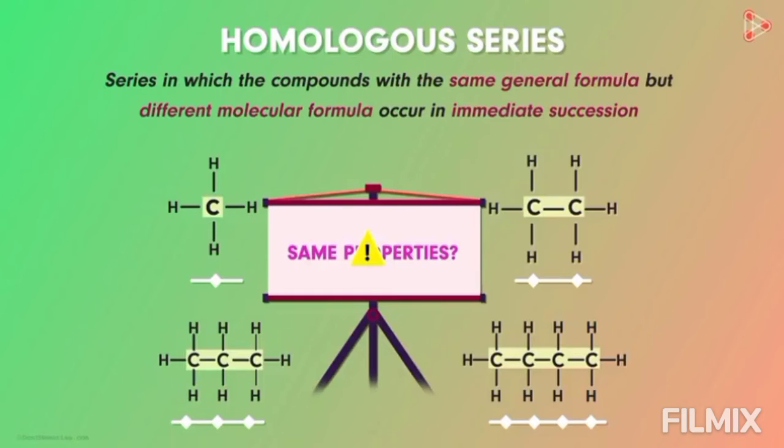Okay, the physical properties may vary according to the difference in chain length, and we can see that the molecular mass is also increasing. But the chemical properties are similar since all the functional groups are the same.